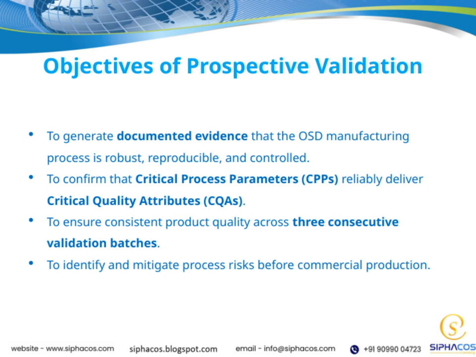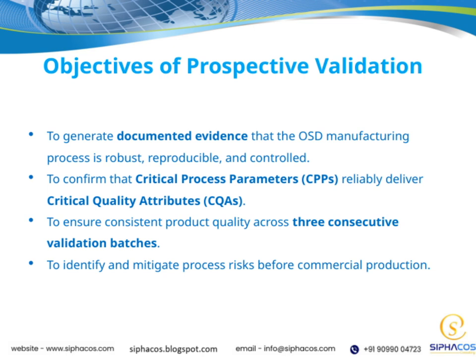We also aim to ensure consistent product quality across 3 consecutive validation batches. Repeating this process helps us confirm that our manufacturing process is stable and predictable over time. Finally, we focus on identifying and mitigating process risks before we move into commercial production.